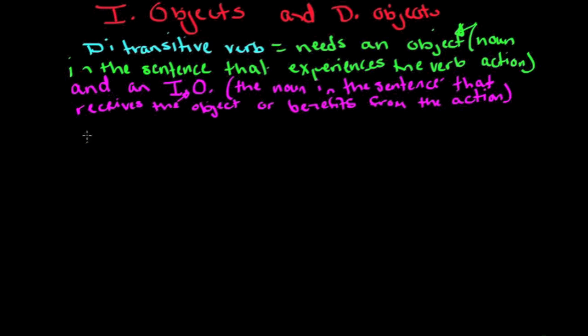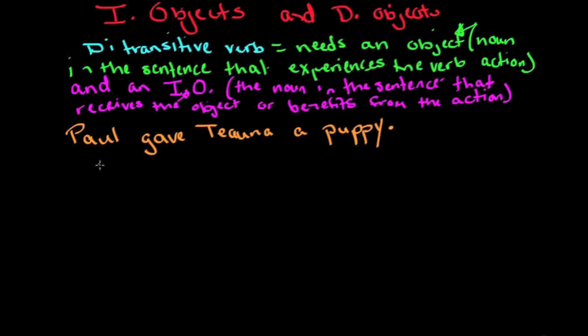An example here is: Paul gave Tiana a puppy. Let's break this down. Paul is what we call the subject of the sentence.